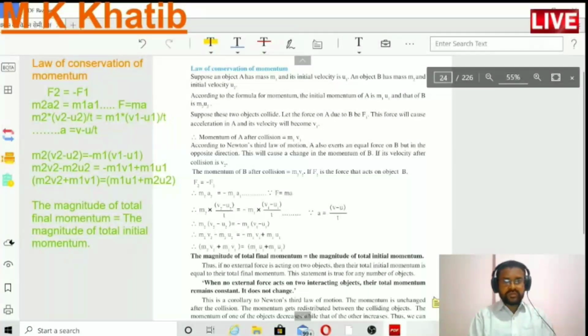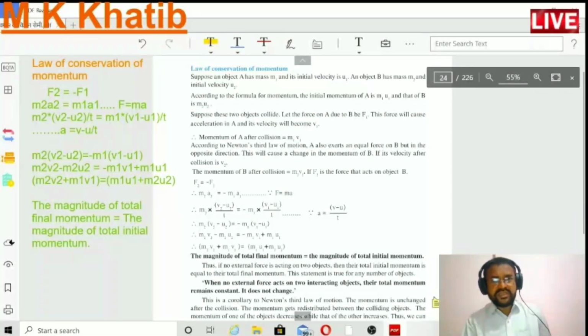To understand this concept, suppose an object A. Object A has mass m1 and initial velocity u1, and the other object B has mass m2 and initial velocity u2. According to the formula of momentum, the initial momentum of object A is m1 u1 and that of B is m2 u2.